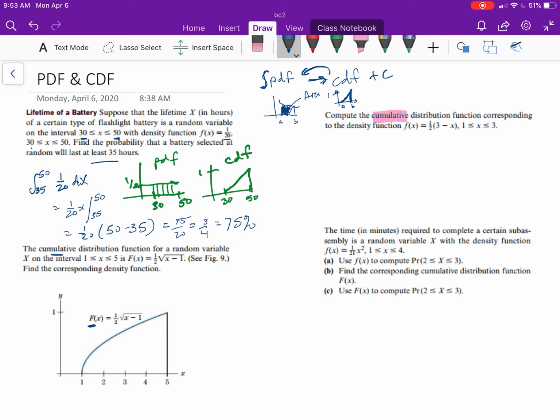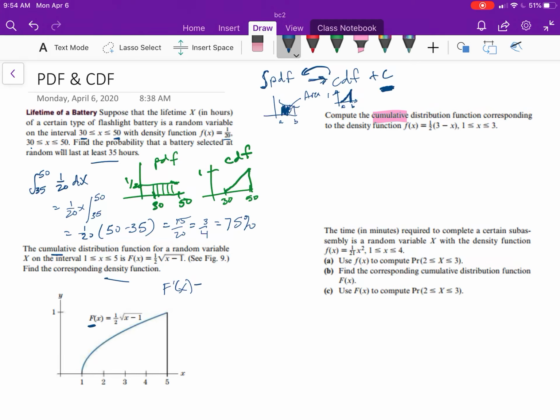Going from a PDF to a CDF, I'm doing integral. So to go backwards, I'm doing derivative. And even if there was some constant we don't know, when we do derivative, that's 0. So for the density function, I just need to find the derivative of the cumulative distribution function.